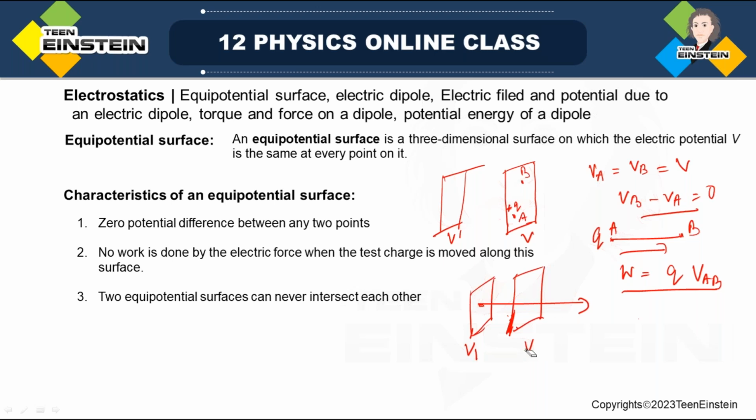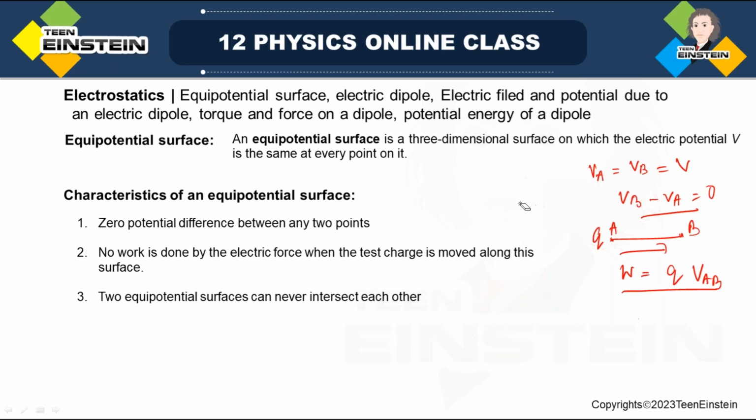All right. Now I have another point, that is, electric field must be perpendicular to the surface at every point.